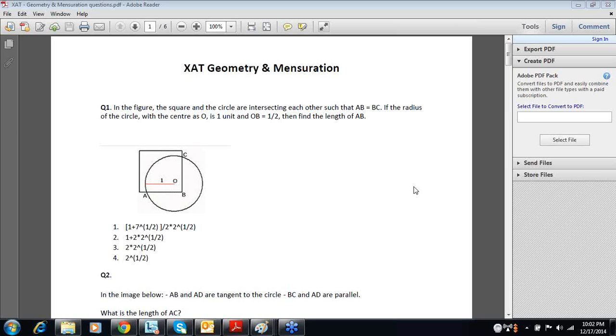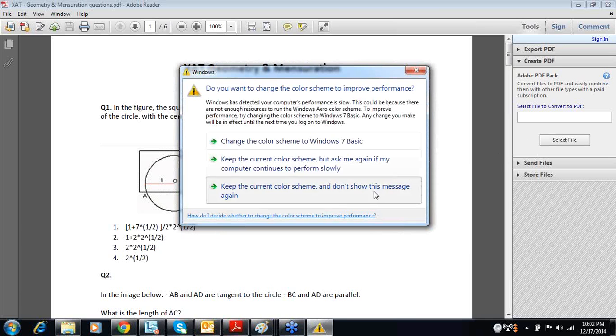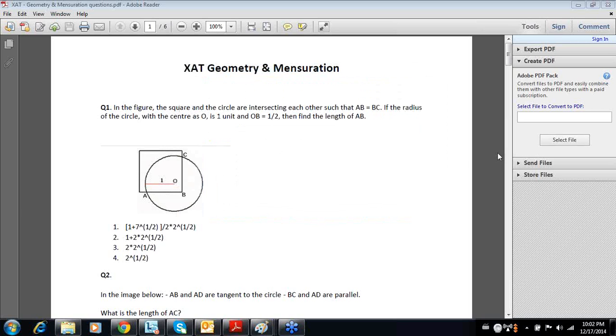Geometry and mensuration, first question. Let me solve this question because there is not much audience today. I'll solve the questions along with you.